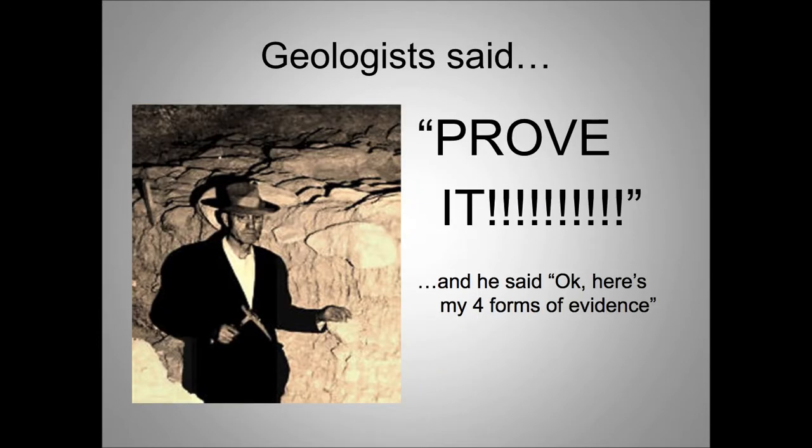So geologists were like, Alfred, this is crazy. You have to prove this. And he was like, okie dokie. He spent his whole adult life finding these 4 forms of evidence for the existence of Pangaea. All right, so this is how Alfred Wegener knew that the continents were at one point together.